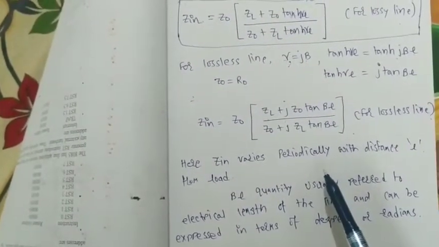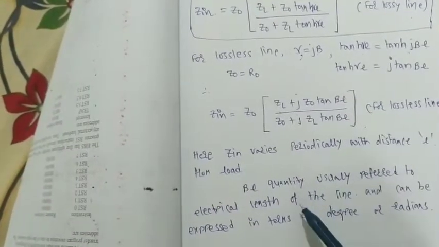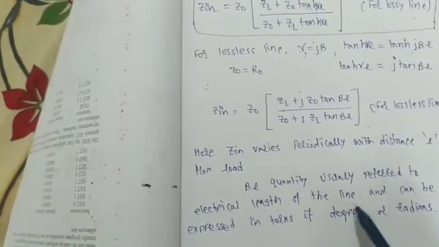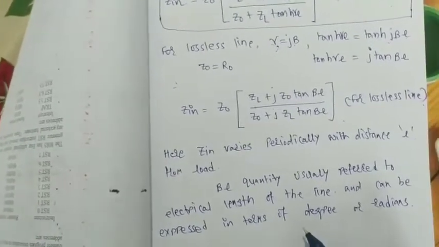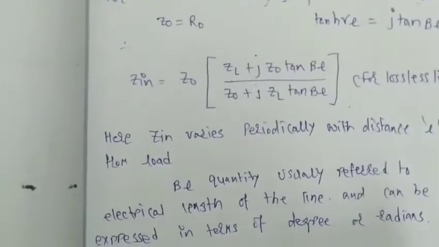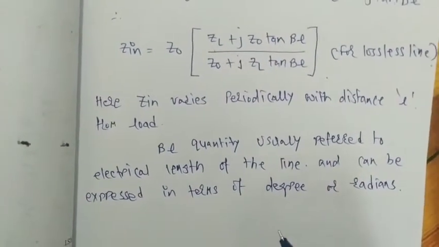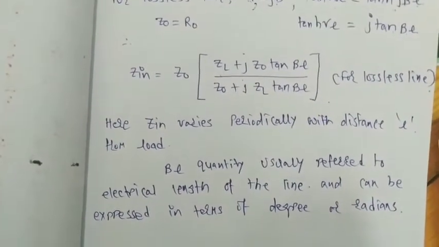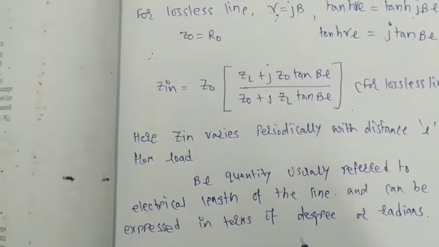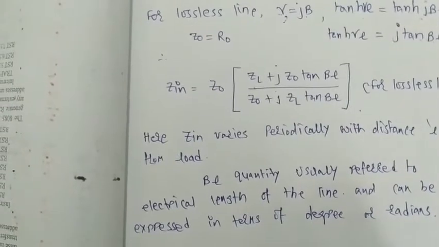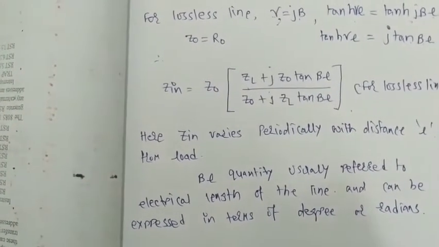Another point is that this beta L quantity is usually referred to as the electrical length of the line and can be expressed in degrees. So please take care, whenever we solve transmission line problems, about this beta L, which can be represented in degrees and radians.